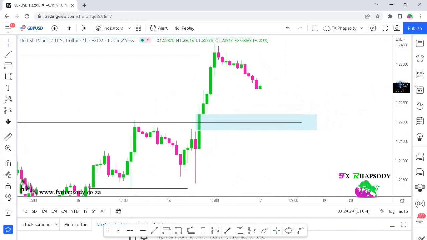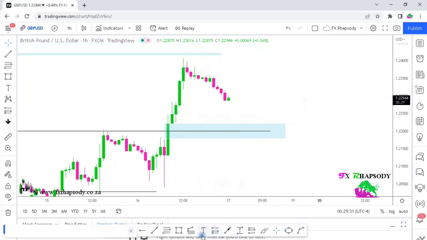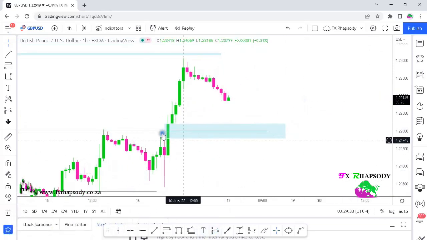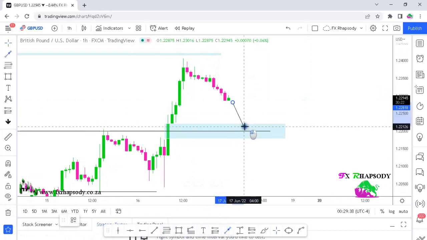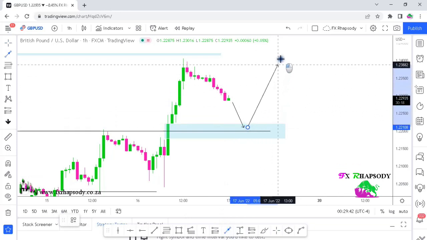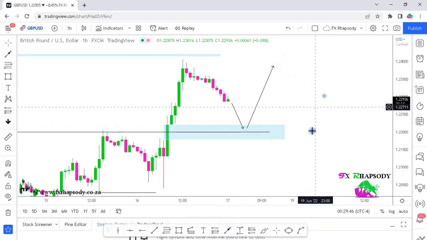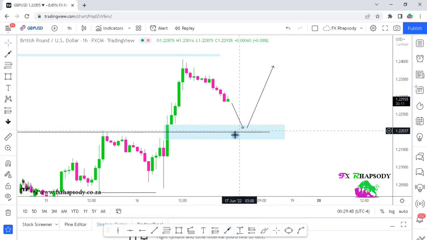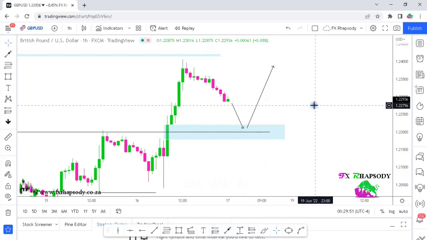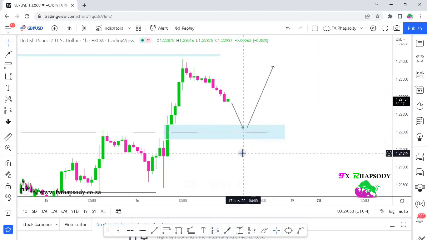That is why I'm highlighting it out, because if you are not in a trade, or if you exited a trade, you would want to see price getting drawn into that area, and if price starts making a bullish movement in the market, that is where you will catch your next buy.